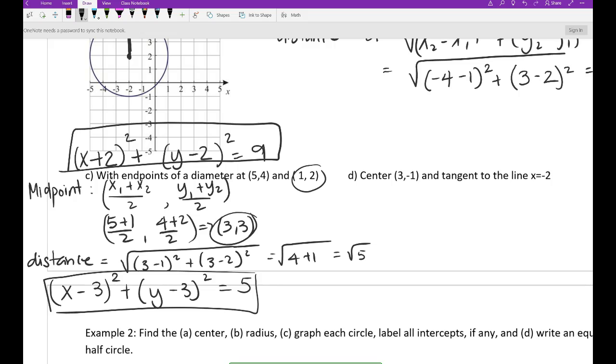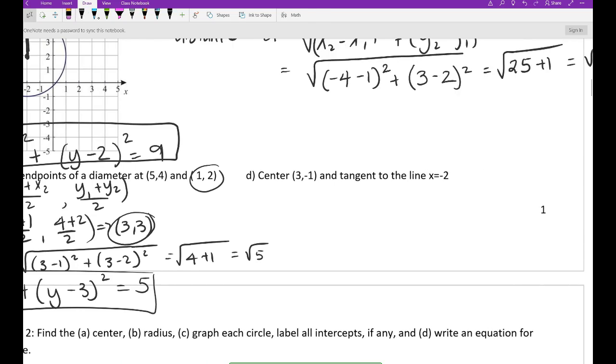How do you get the radius? When in doubt, graph it out. So it says the center is at (3, -1). So here's my center. Then this circle is supposed to be tangent to the line x equals -2.